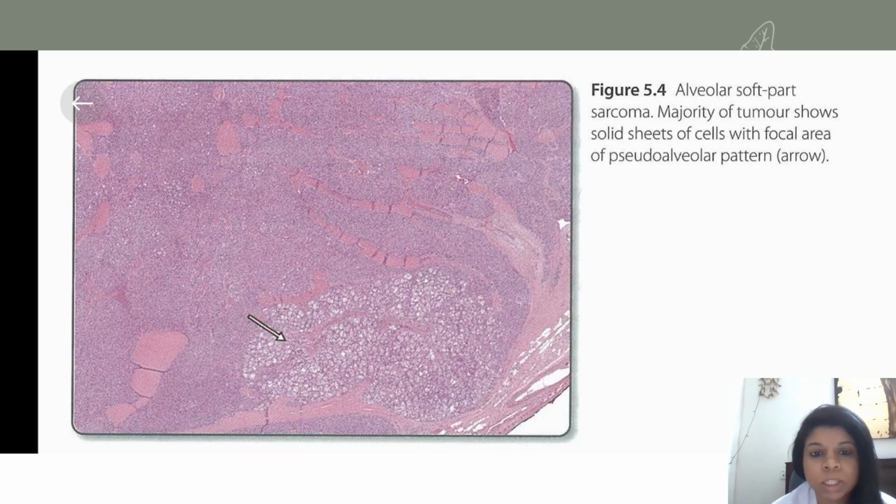Histologically, these show solid sheets of epithelioid cells with vesicular nuclei and prominent nucleoli, etc. But they can show a pseudoalveolar pattern, which is characteristic of alveolar soft part sarcoma. The pseudoalveolar pattern is because they show slow degeneration and there is loss of cell cohesiveness.